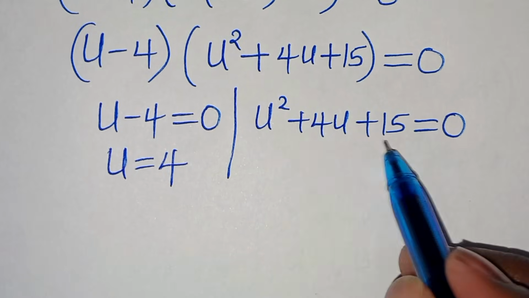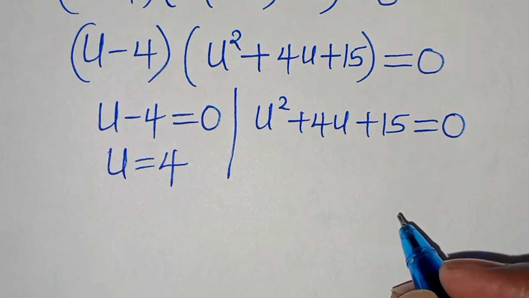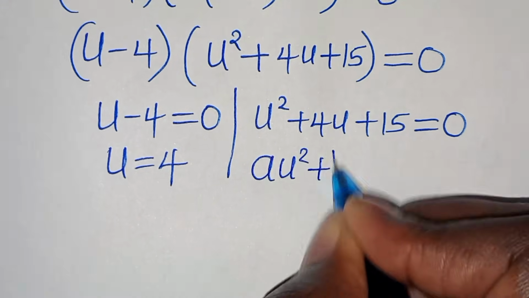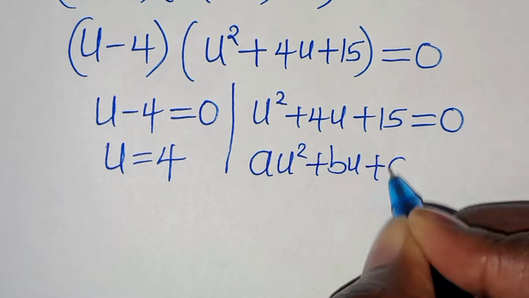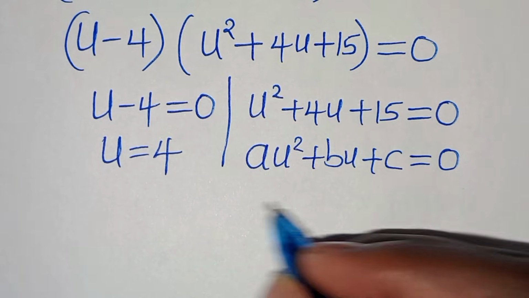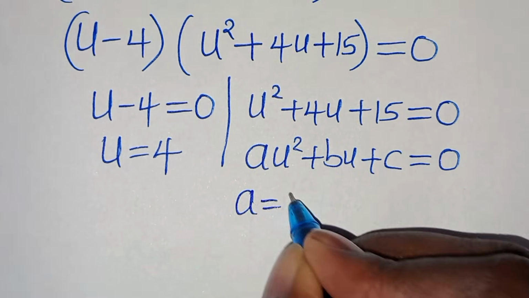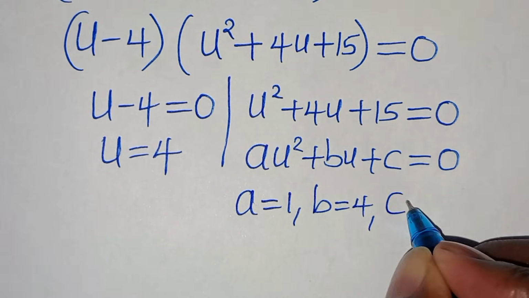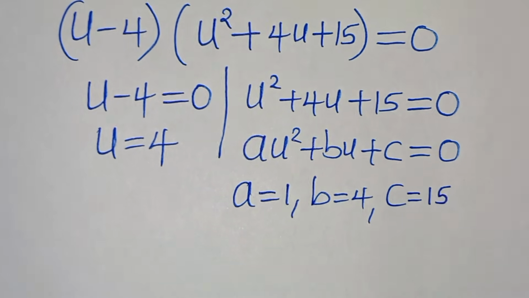And the second part here is a quadratic equation of the form au squared plus bu plus c, which is equal to 0. From this quadratic equation, we have that a is equal to 1, b is equal to 4, and c is equal to 15.